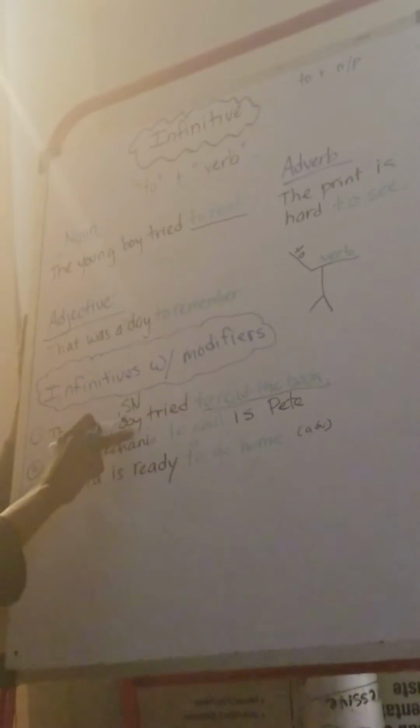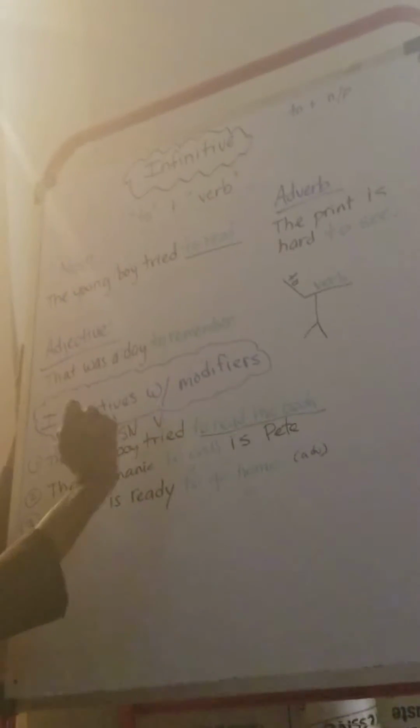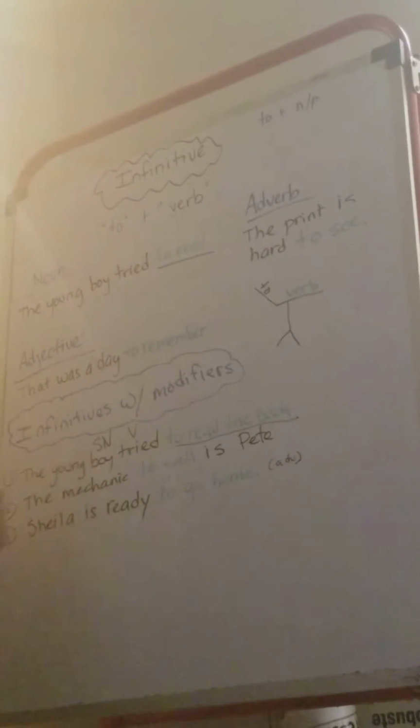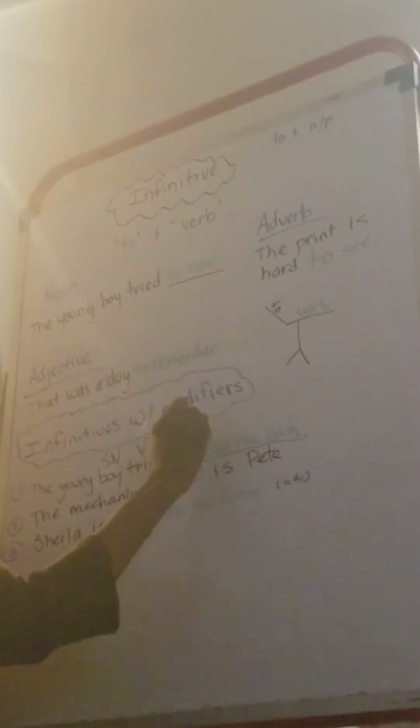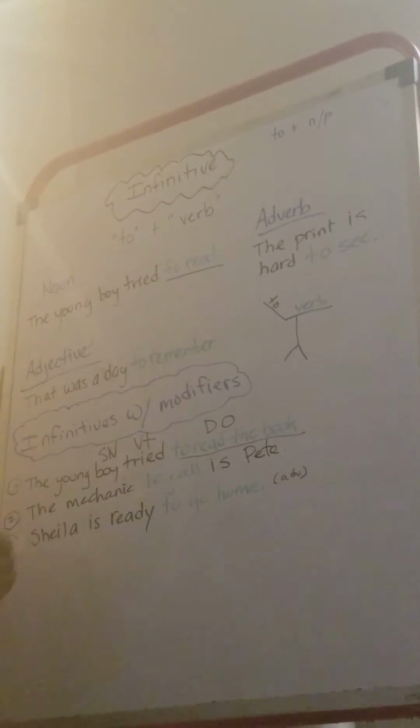So boy would be our subject, noun, who or what tried, boy, label that subject noun. What is being said about boy, tried, that would be our verb. Boy tried what? To read the book. Can to read the book replace or describe boy? No, it can't. So we would label that direct object and label that transitive verb.